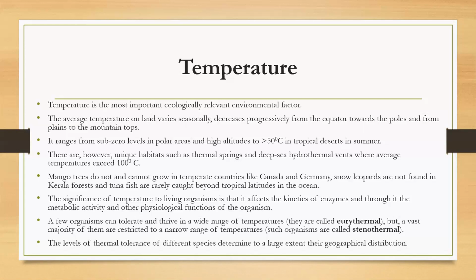To a large extent, their geographical distribution is decided by their tolerance to the different levels of thermal conditions. So this is regarding temperature as an abiotic factor in determining the physical and chemical properties of a habitat, and its importance in the development of different habitats in the biosphere.